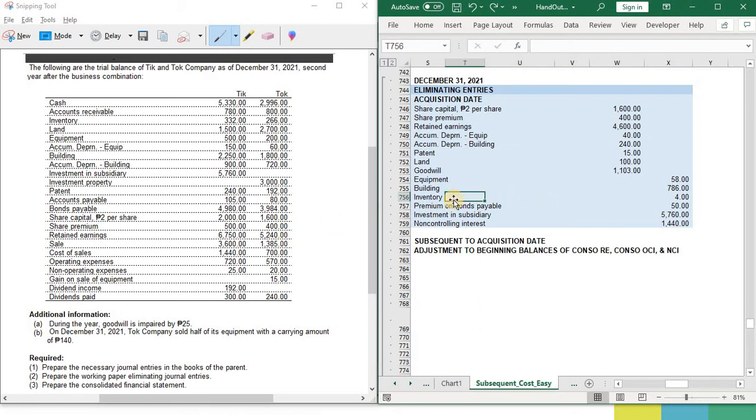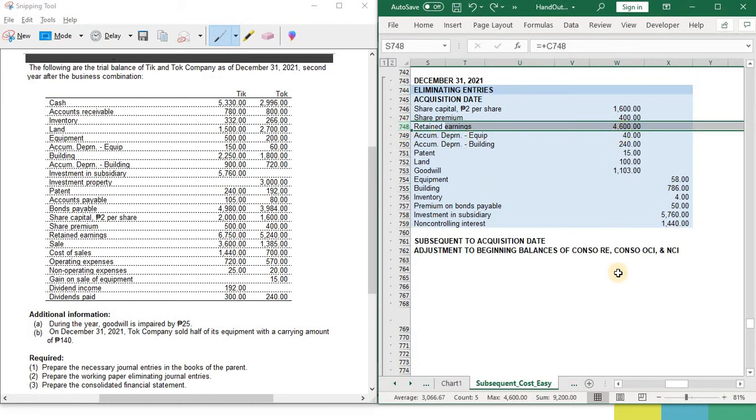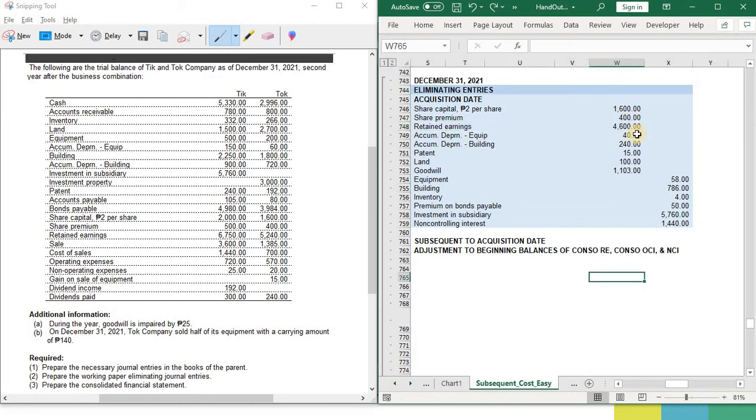On our eliminating entry, the retained earnings of the subsidiary as of the acquisition date is 4,600, while the January 1, 2021 retained earnings balance is 5,240, which means that the retained earnings of the subsidiary starting acquisition date had increased.